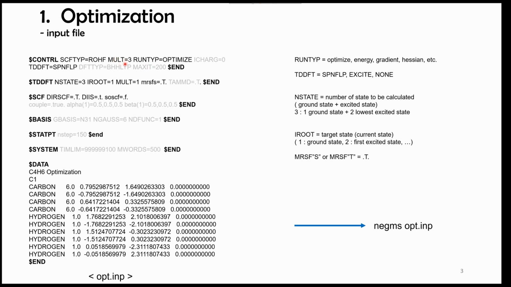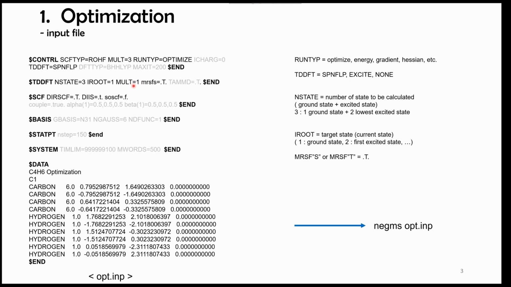Yes. In the present implementation, the two multiplicity keywords for MRSF are tightly coupled. Actually, one is unnecessary in principle. If you use singlet, it must be 1. If you use triplet, it must be 3.